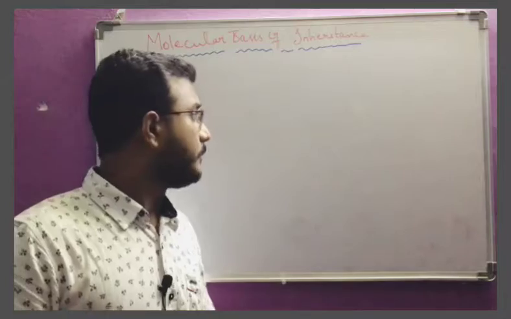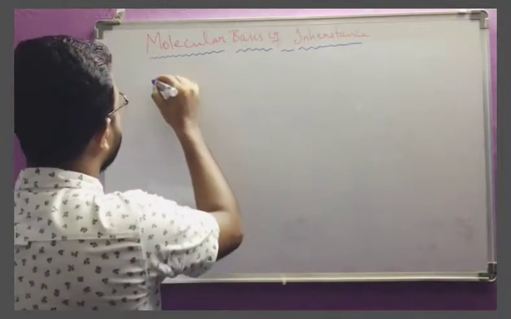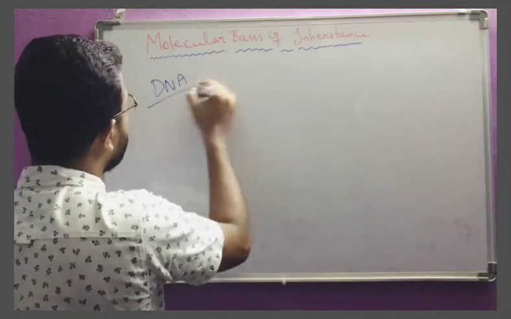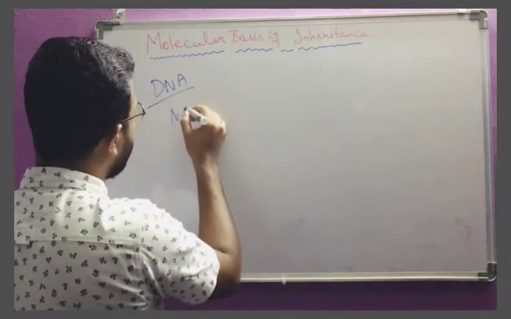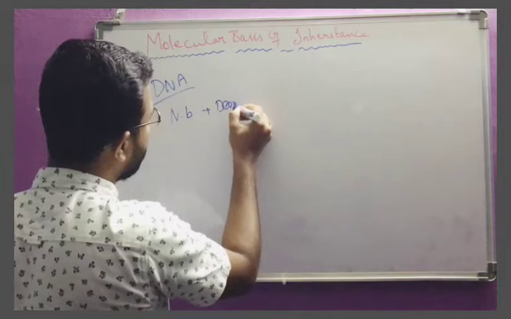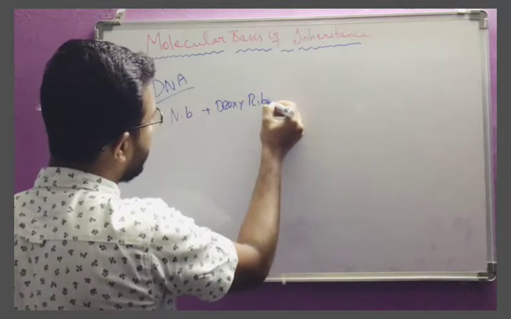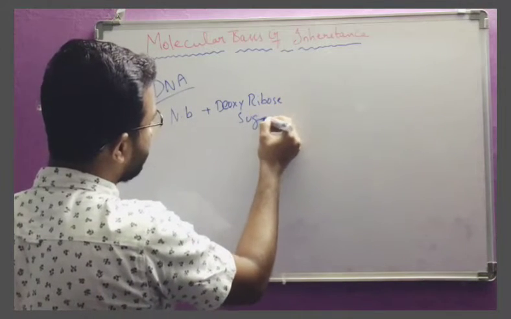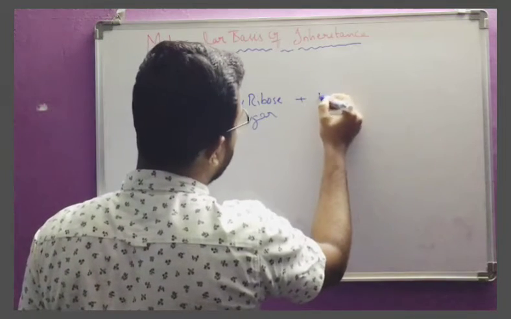the biochemical aspects of DNA, as you know, DNA contains one nitrogen base plus one deoxyribose sugar plus one phosphate group.